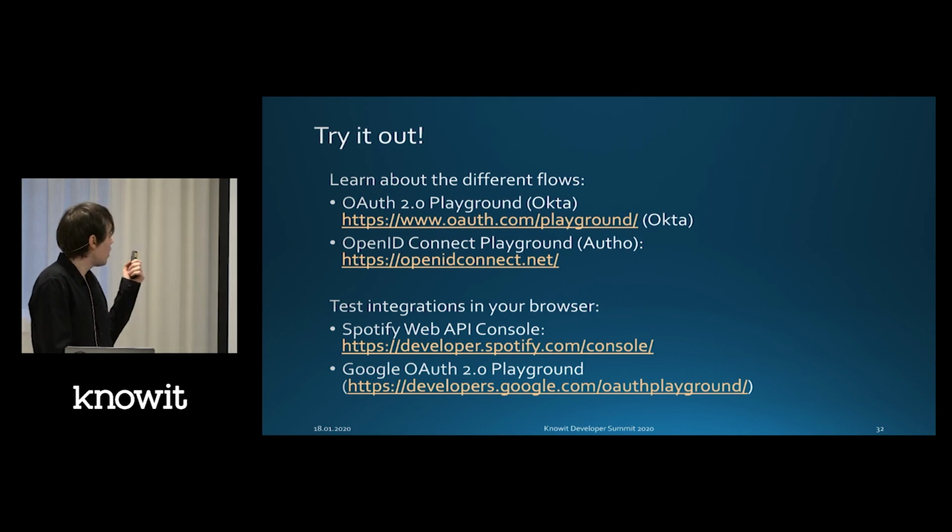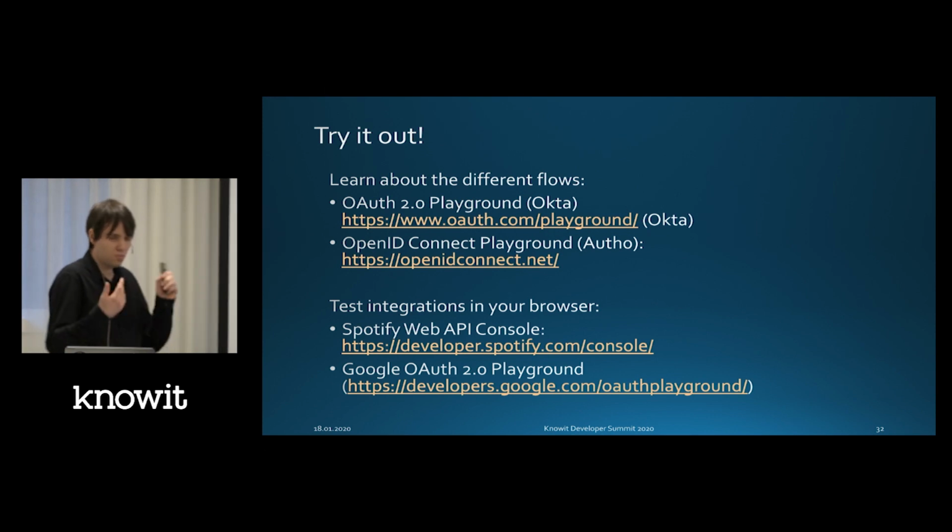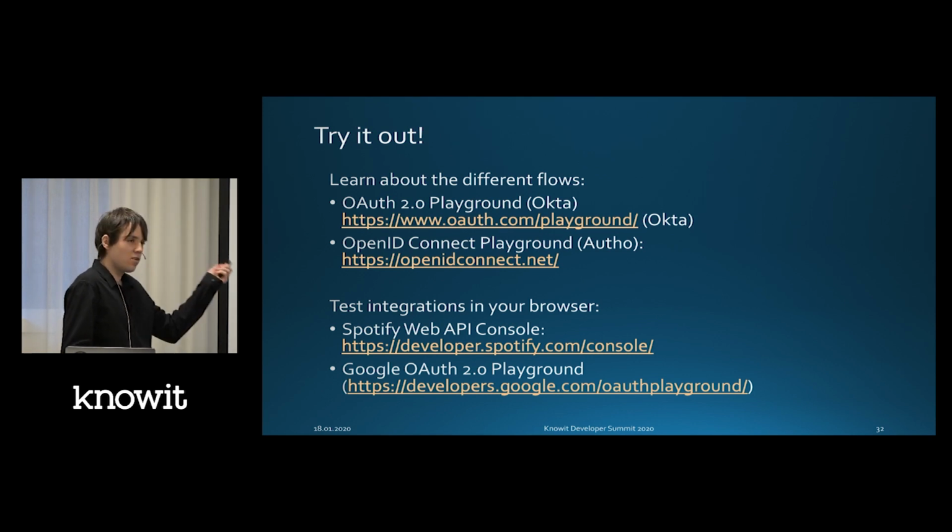So I would advise everyone, especially if you're new, but also if you just want to play around a bit: Okta and Auth0 are both very famous OpenID Connect providers. They both have playgrounds where you can go in, click, and look at the different flows. It's simulated, and you can see every step I go through, but in a more developer-friendly way.